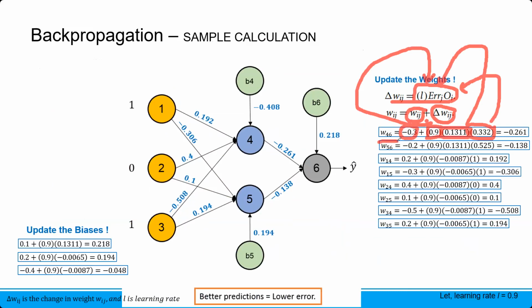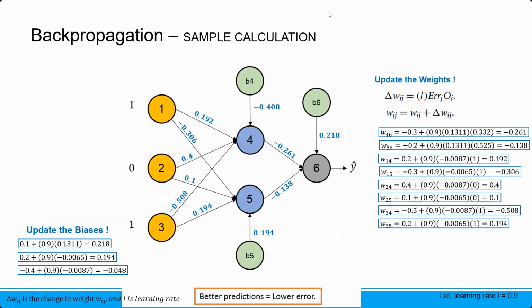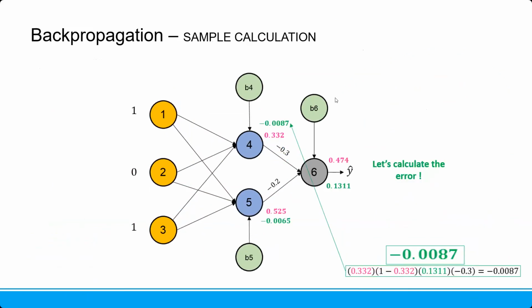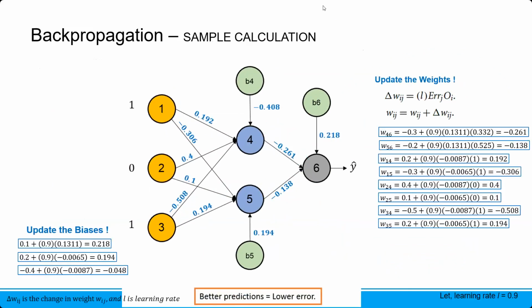The new weight from node 4 to 6 is minus 0.261. What about the weight from 5 to 6? The original weight is minus 0.2. Now I would like to add the delta Wij.